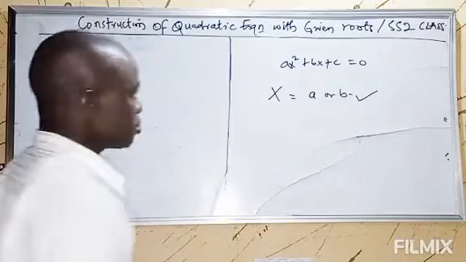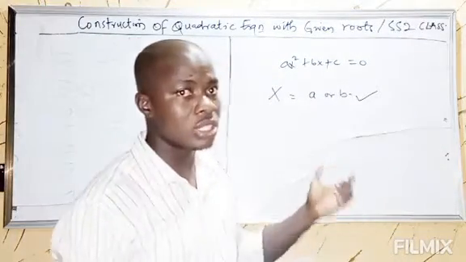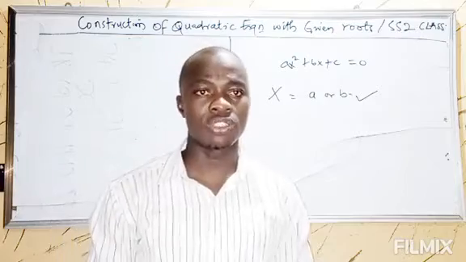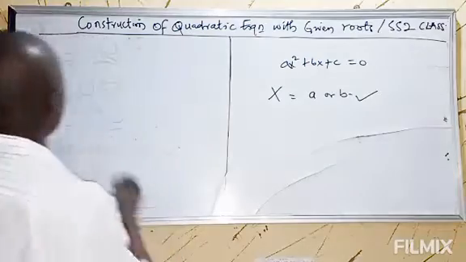So we have two methods we can use in constructing a quadratic equation given two roots. The first method is by using a formula.